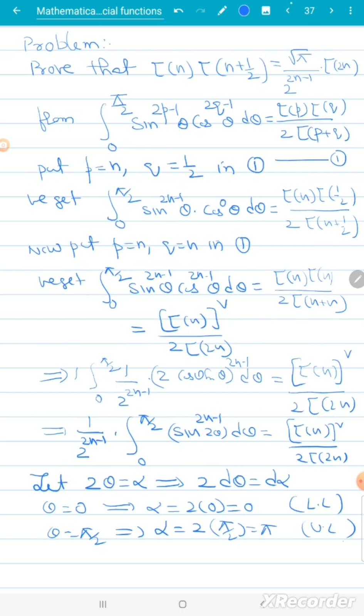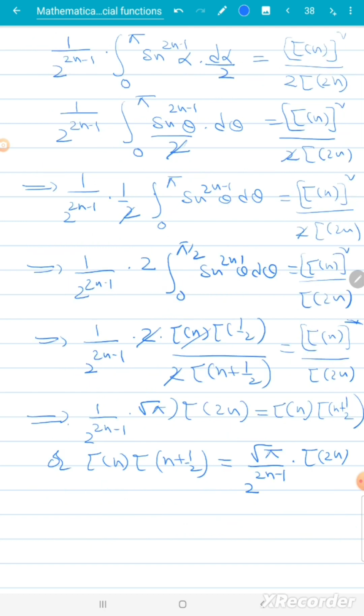So it is what we have to prove. Gamma of n into gamma of n plus half is equal to root pi by 2 to the power of 2n minus 1 into gamma of 2n.